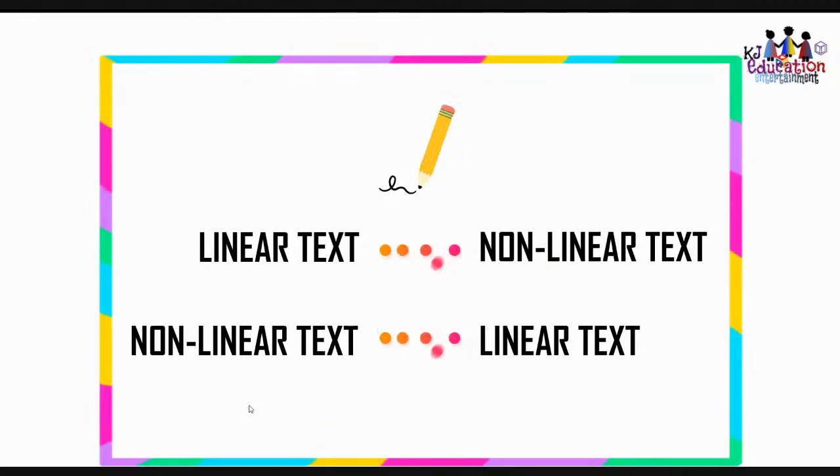Non-linear means something which has fewer words. You don't have too many words in it, but you have more pictures and graphics, for example, maps, a timetable and so on. So you'll be transferring from one of these.